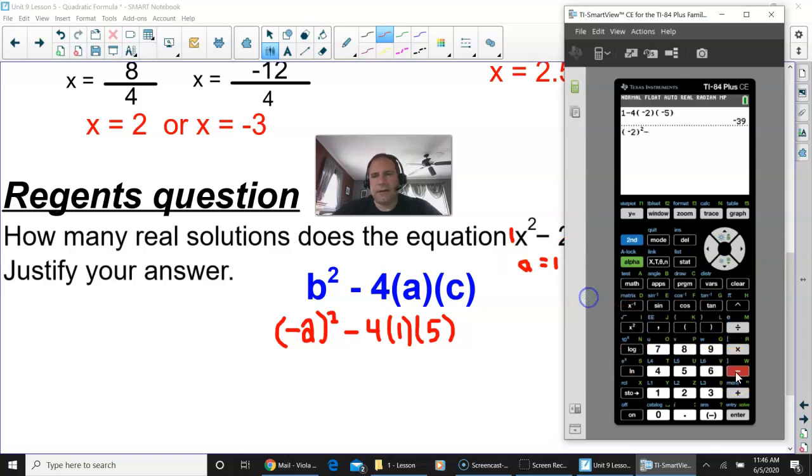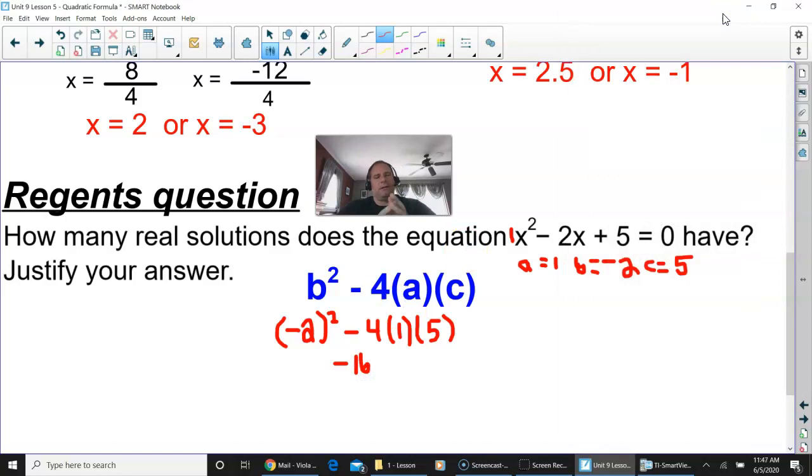All right, so minus 4 times 1 times 5. If I press enter, I get negative 16. I'm going to write that down. So, does this have a real solution?